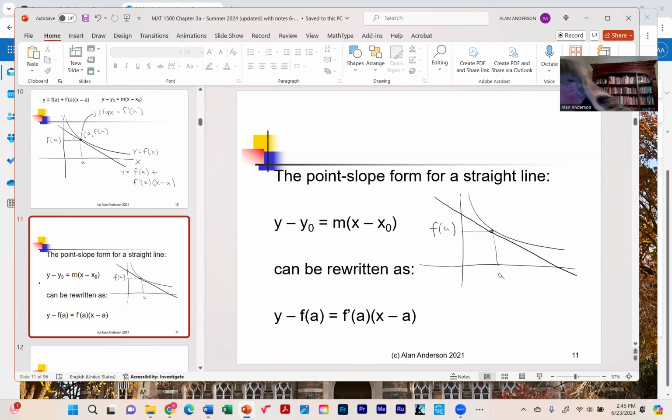Okay, so this is the point A comma f of A. So we know that, well, what we don't know is the slope. We do know the one point that's on this tangent line, and that's the point A, f of A. So you can think of this as what we were earlier calling y0 and x0. So this y0 becomes f of A, and x0 becomes A.